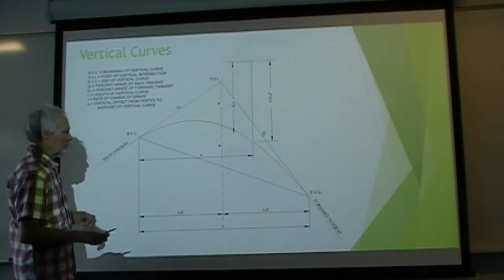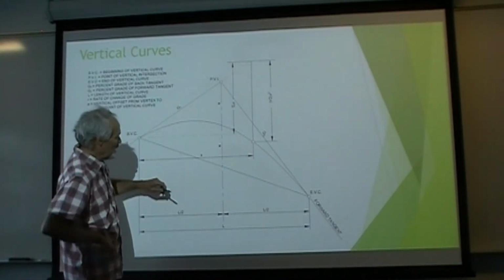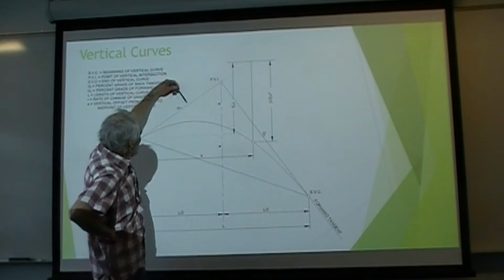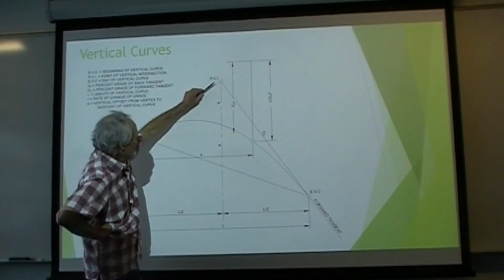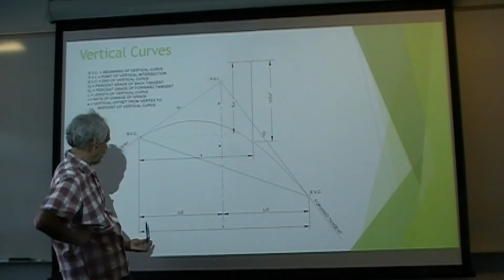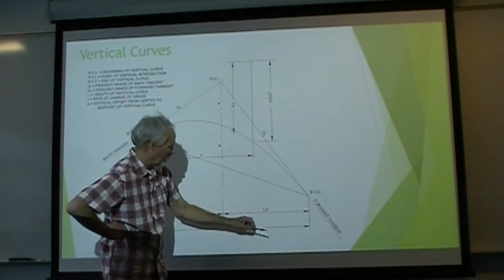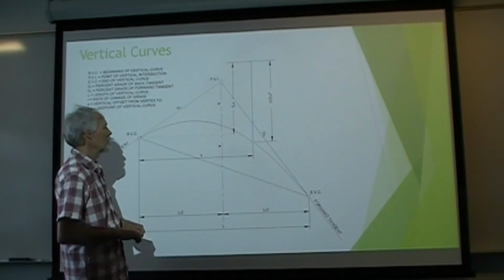Notice also this is called an equal tangent parabolic curve. That doesn't mean this distance and this distance are the same; you can clearly see they're not. What it means is that if we drop this vertical line straight down, it bisects L, so you have L over 2 here and L over 2. That's your reference to the concept of equal tangent.